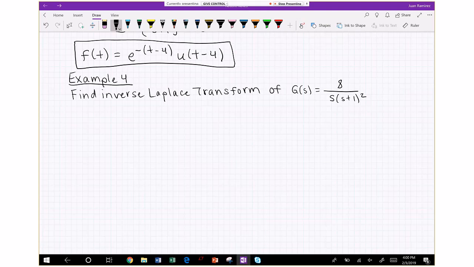So already this is sort of a simplified denominator, kind of ready for partial fraction decomposition, but we still do have to actually do the decomposition.